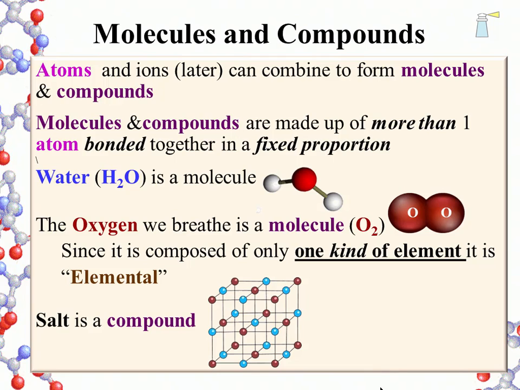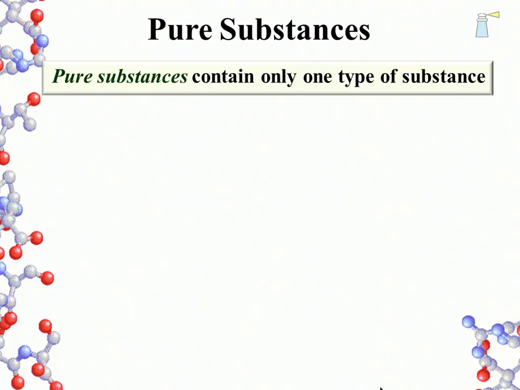Our next subject is purity. Pure substances contain only one type of substance. Substance is a term that refers to a particular kind of matter with uniform or the same properties. Water is a substance since each drop of pure water has the same property as every other drop.